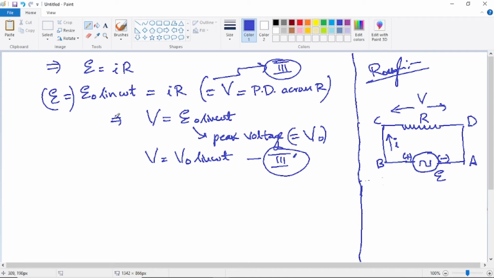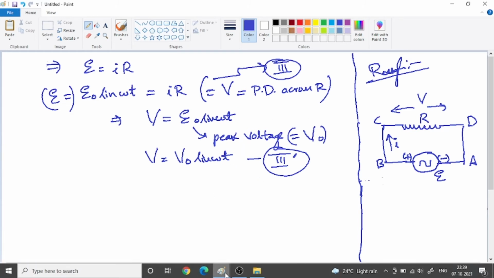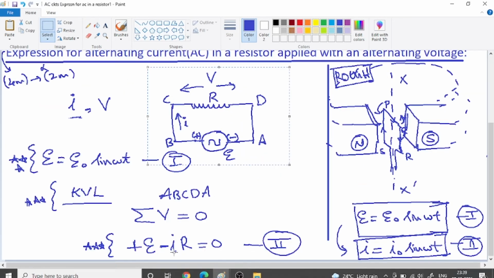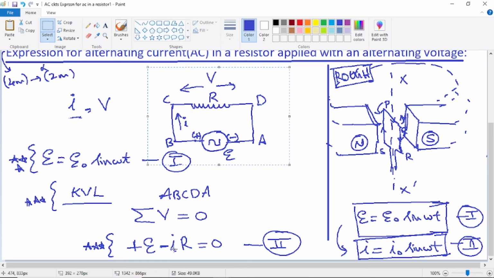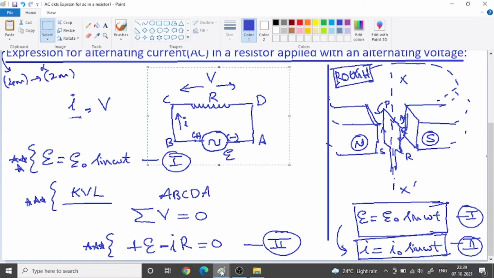Now just observe the equation here, and observe the previous step also. From this particular equation we have already seen that it is possible to derive an expression for current. So the same equation 2 we got in this form.